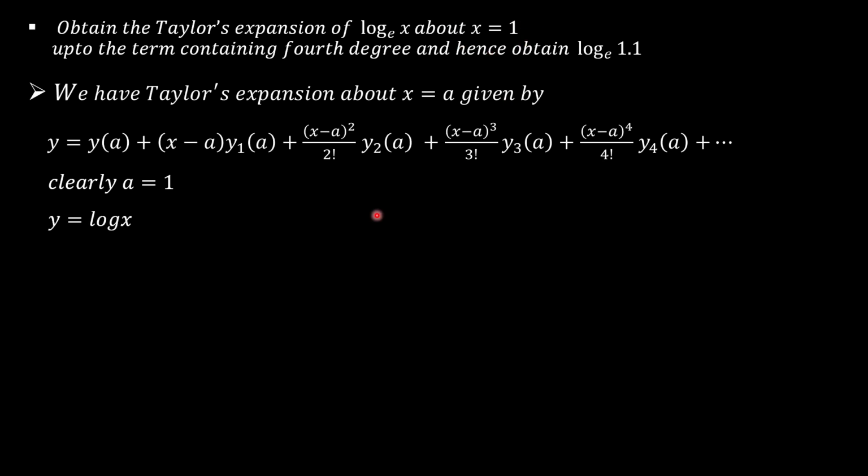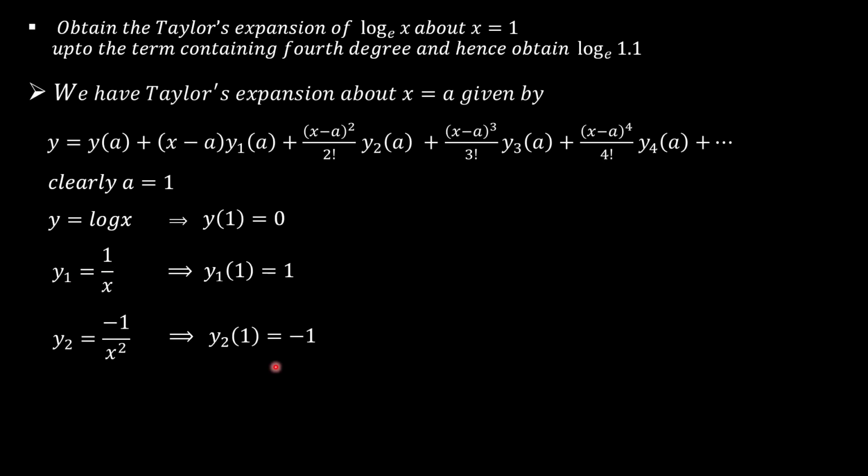Now get the unknowns. Since y is equal to log x, which implies y of 1 is equal to log 1, which is 0. y1 is derivative of log x, that is 1 by x, which implies y1 of 1 is equal to 1. y2 is equal to derivative of 1 by x, that is minus 1 by x square.